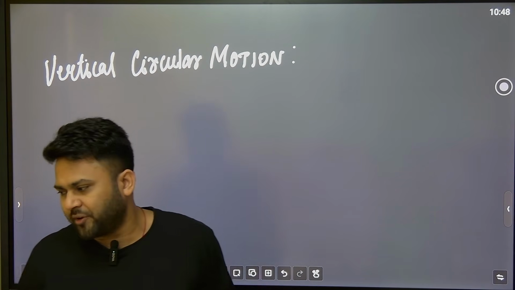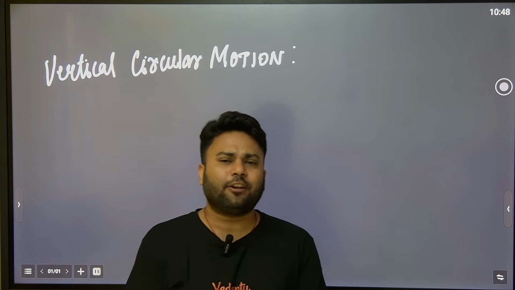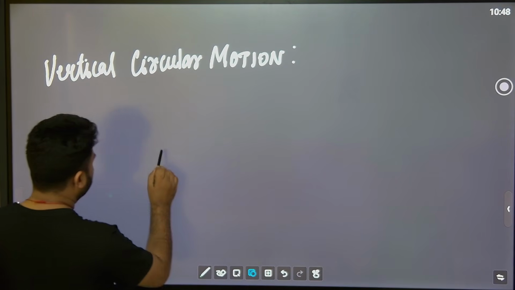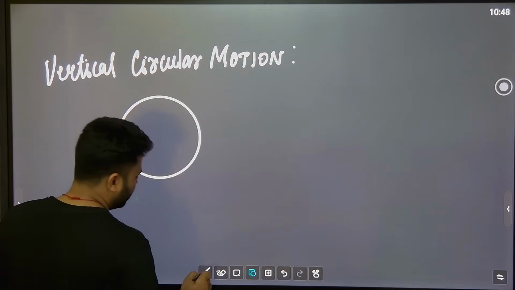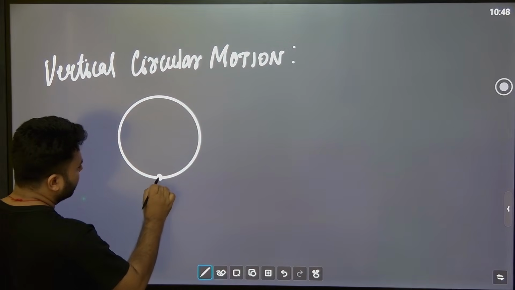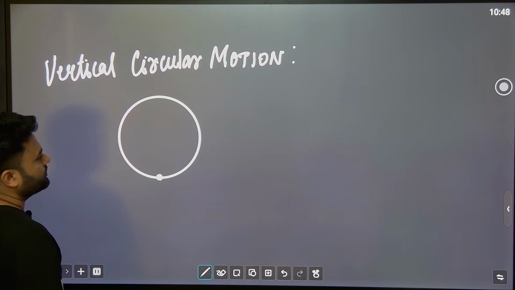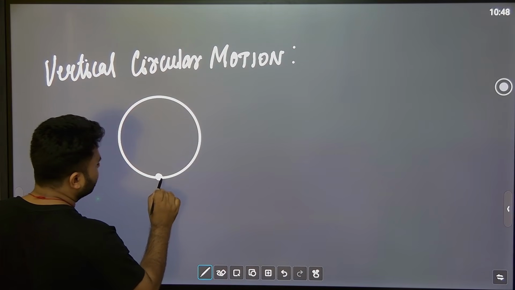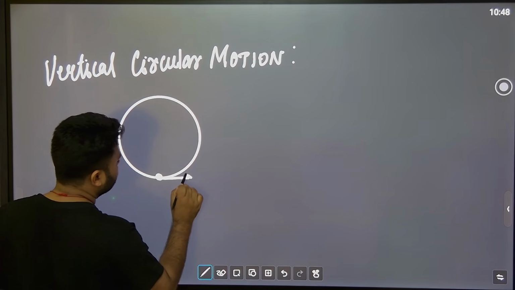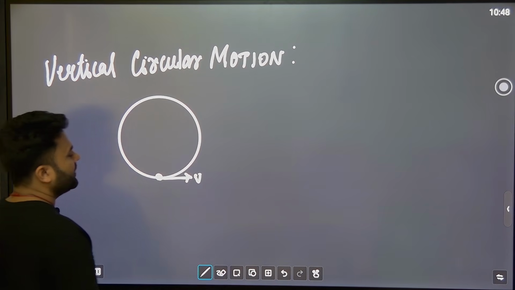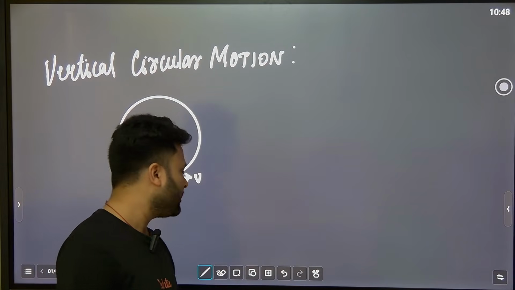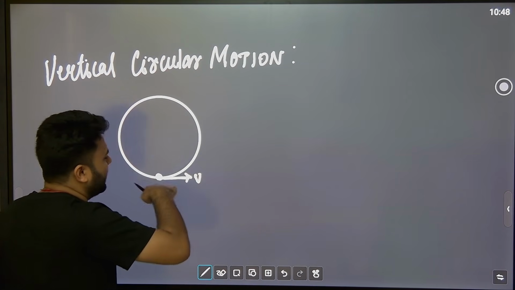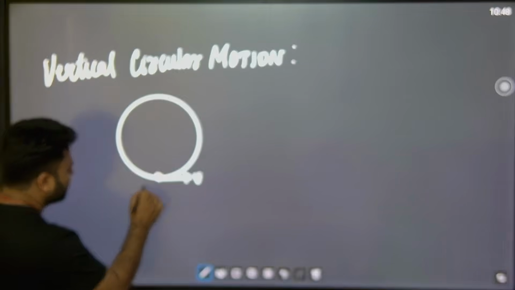First of all, students, you should understand that for any kind of circular motion, suppose an object is moving in a circular path. Its tangential speed is v at this point. Suppose the mass of the object is m.